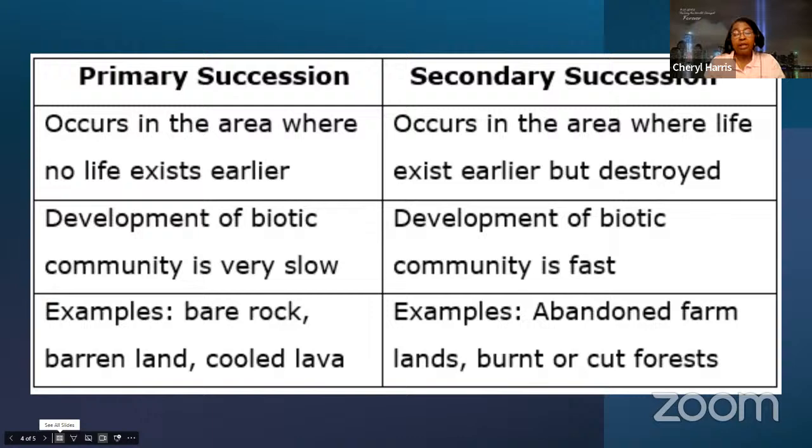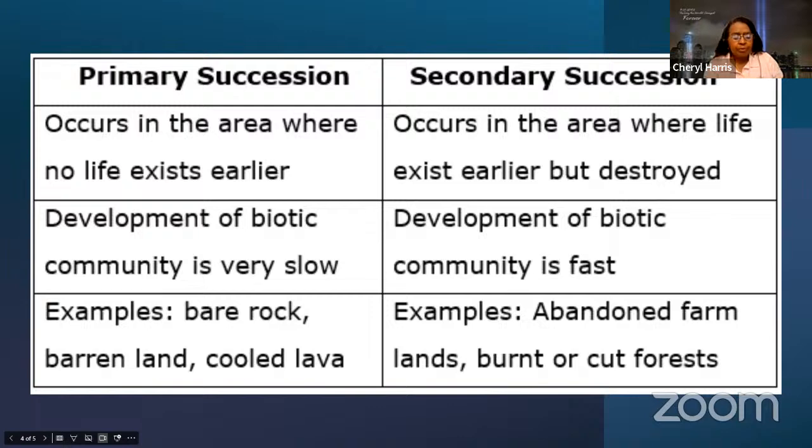Plants, and then even the animals that will come into that community will be very sparse because they feed on the vegetation. So if there's not much vegetation, you're not going to have much biotic factors there either. Whereas the development of the biotic factors in secondary succession will be a little bit faster, meaning they're not starting from the lichens. You don't have the same pioneer species.